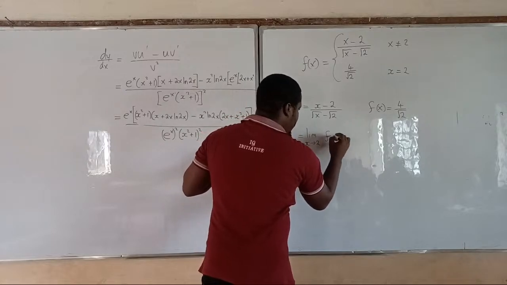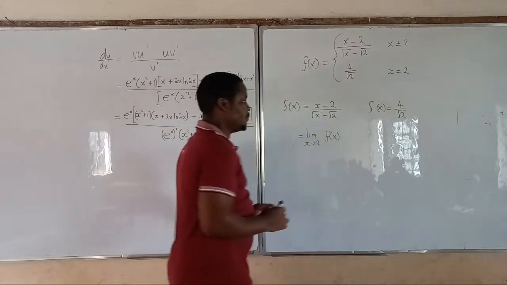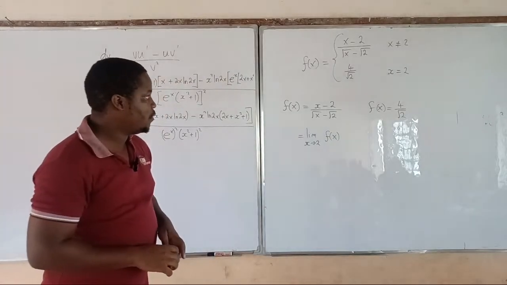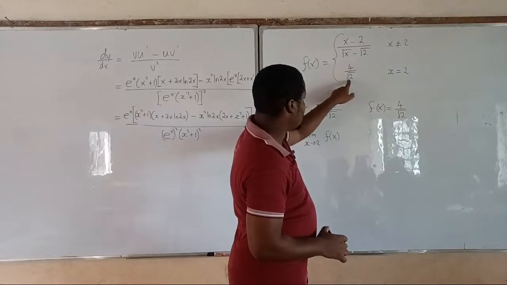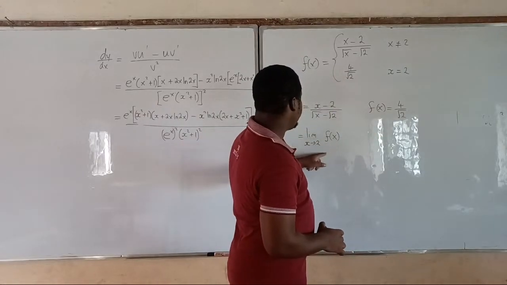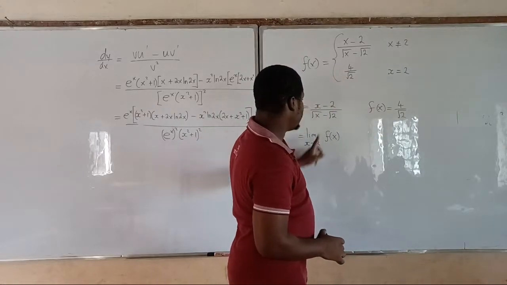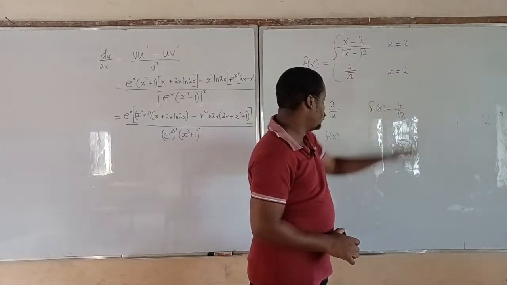Don't get confused. f of x is equal to this guy, f of x is equal to this guy. So now we're saying find the limit of f of x as x approaches 2.